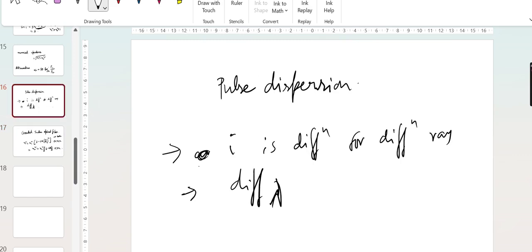So different rays, because of this, there is a time interval of deviation.